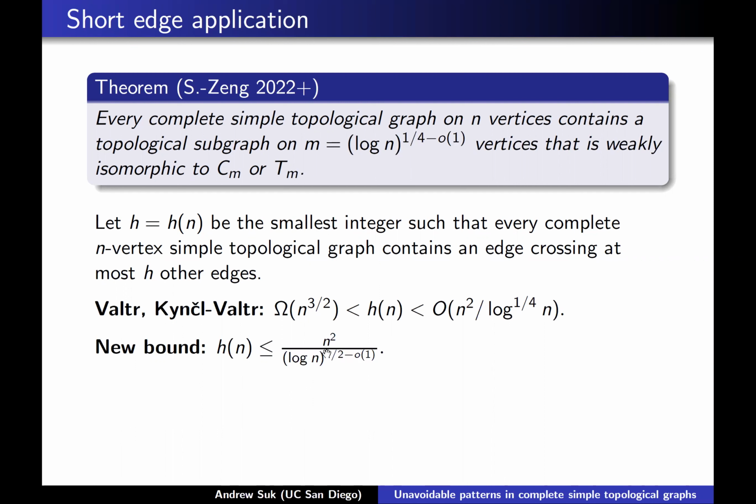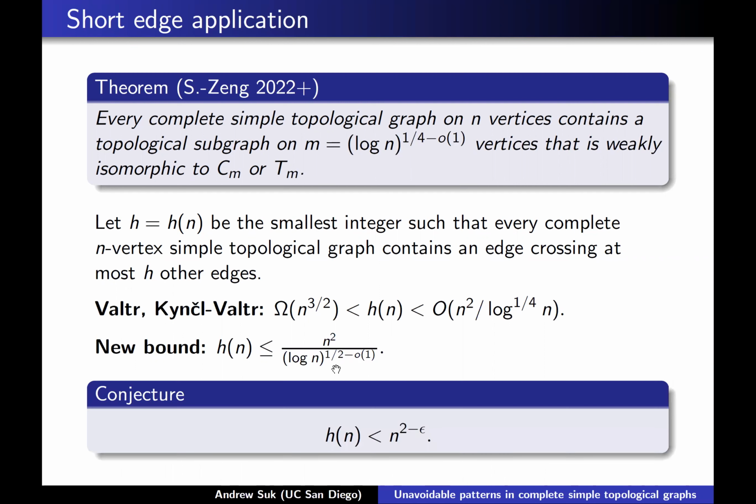So we were hoping to significantly improve this, to find an edge that crosses very, very few other edges. We conjectured that it's at most n^(2 - epsilon), where epsilon is an absolute constant. But again, unfortunately, we weren't able to prove this.